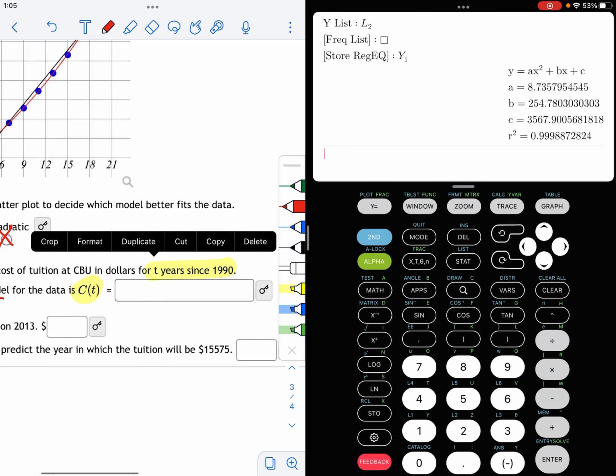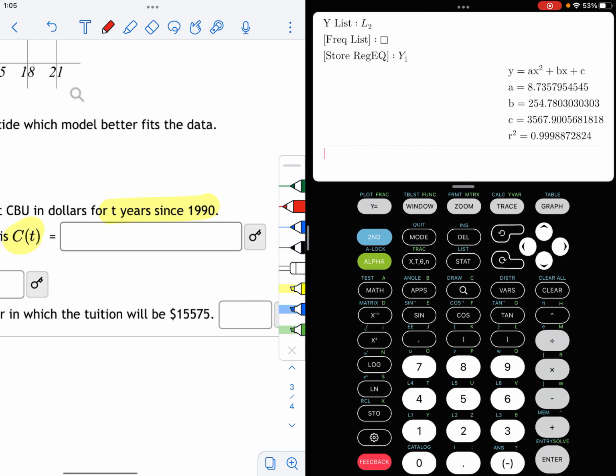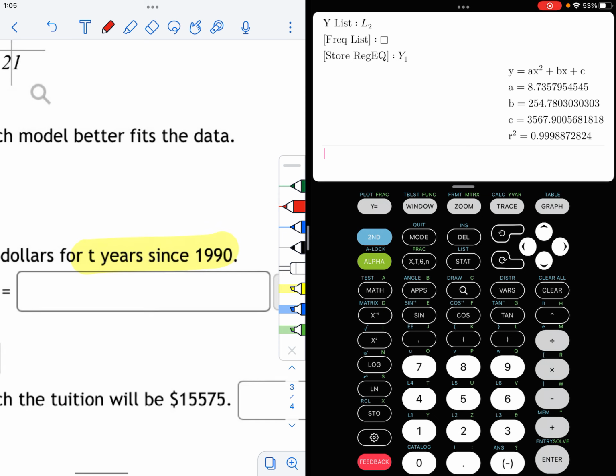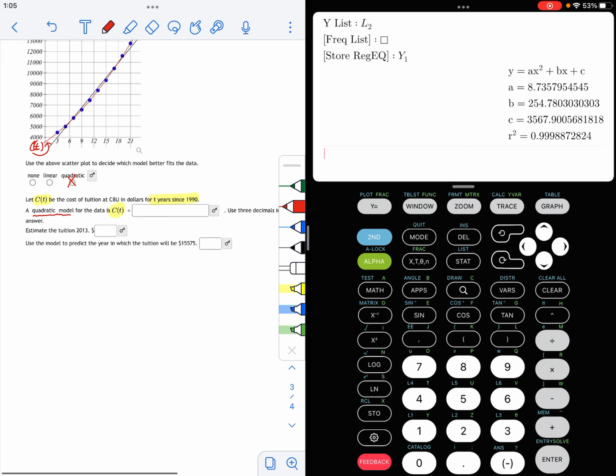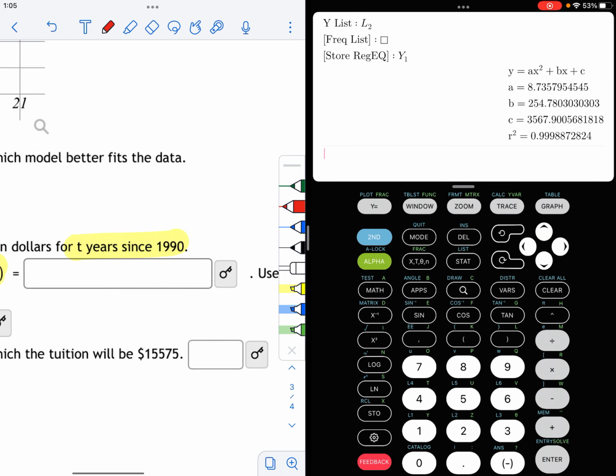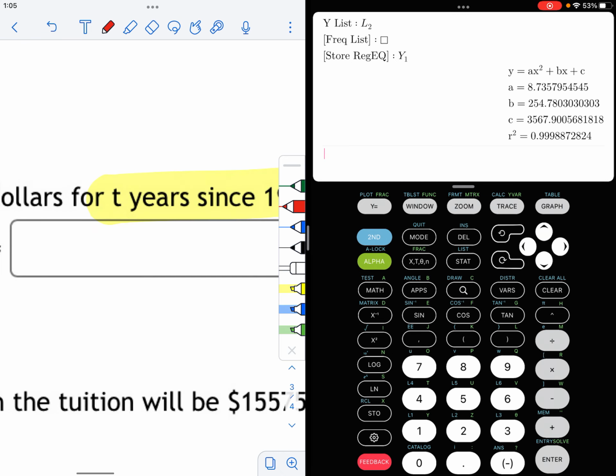So there it is. This is our regression equation. This is the equation that best fits it. It's a quadratic equation. They want us to write it down to 3 decimal places, so we've got to write it down carefully. 8.736 x squared.